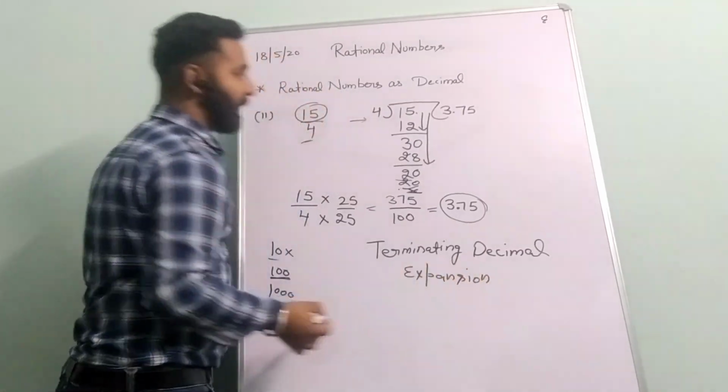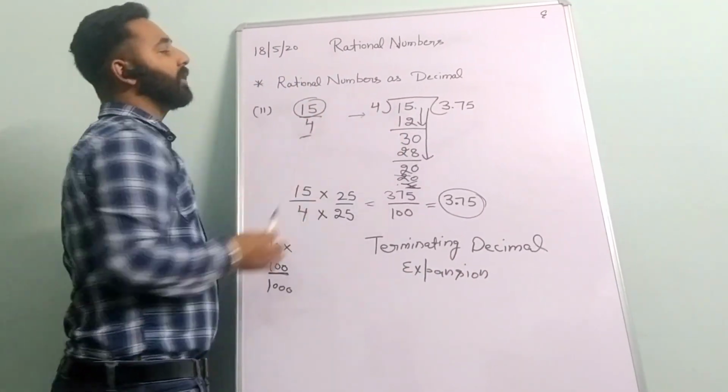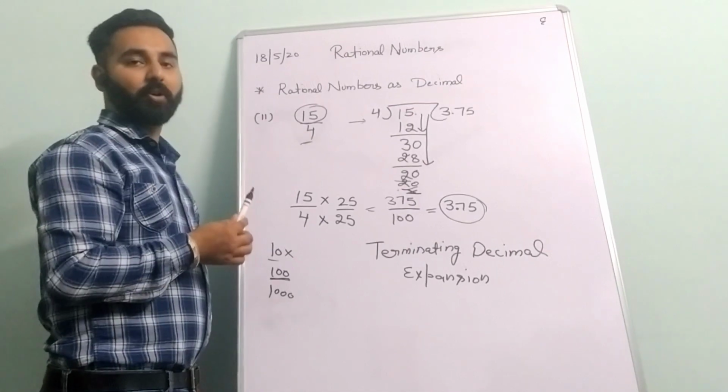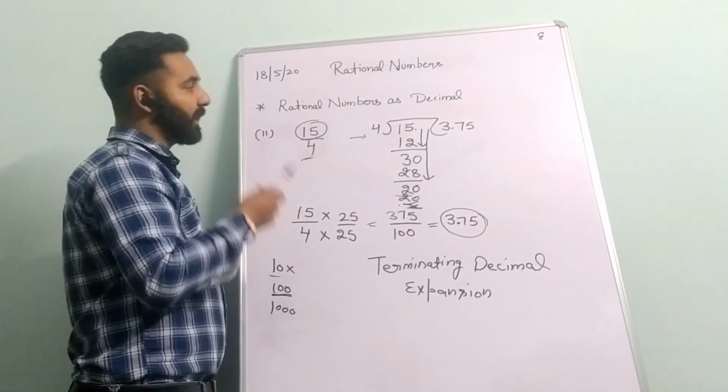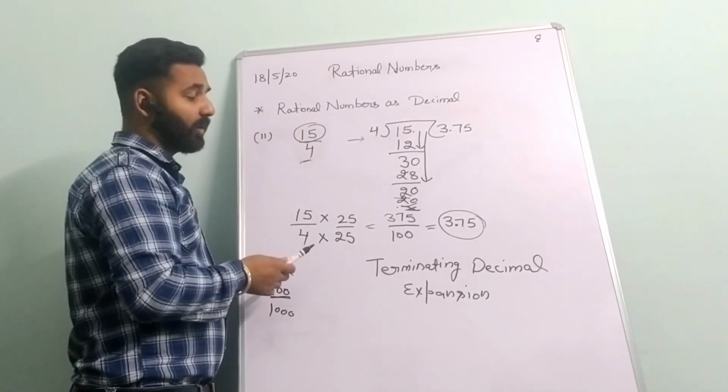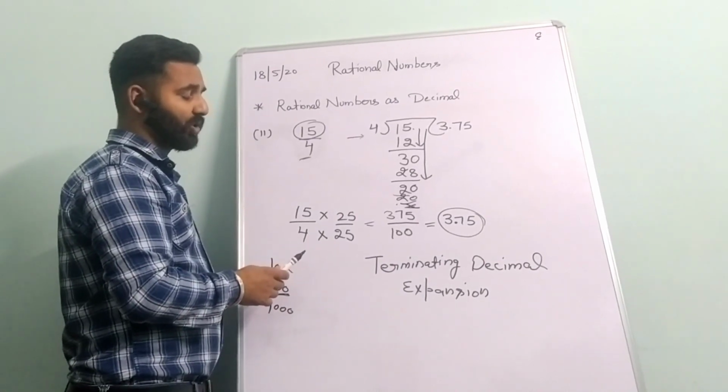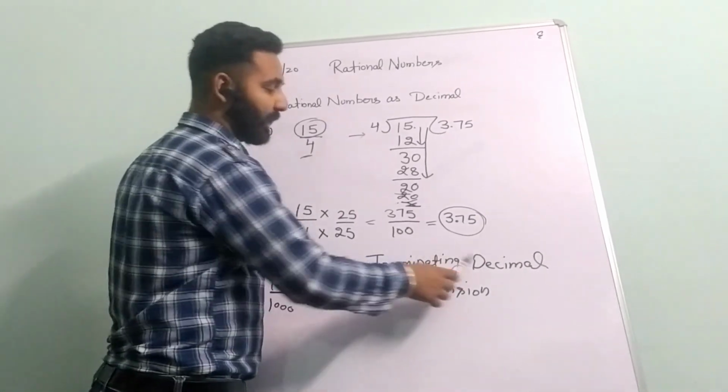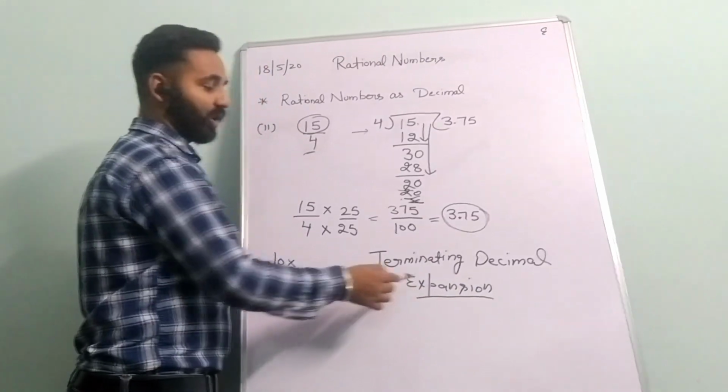I repeat, whenever the numerator is completely divisible by the denominator after taking the decimal, then that kind of decimal expansion is known as terminating decimal expansion.